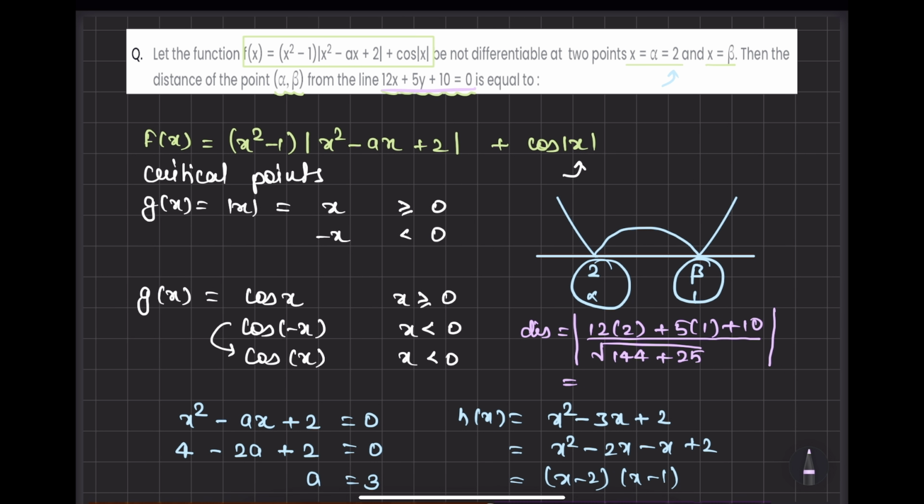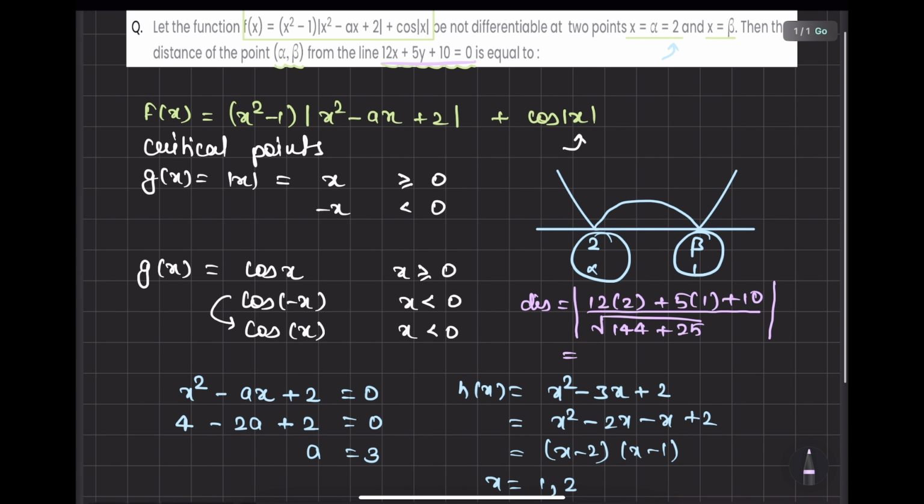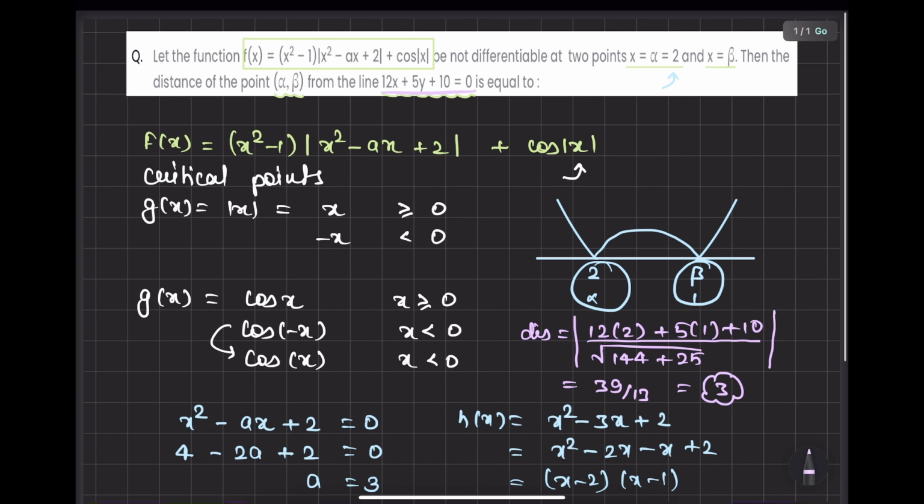So it will become 13, 24, 34, 39. So it will become 39 by 13. So it is 3. So the required distance is 3.